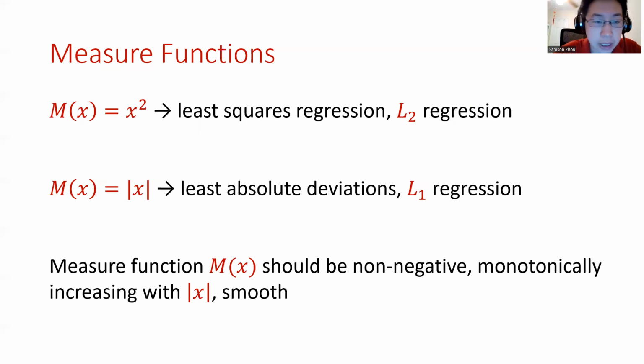And these have various trade-offs. For example, for the L2 regression problem, there's a unique solution, but the solution may not be as robust to noise as L1 regression. On the other hand, there may not be a unique solution for L1 regression, but it may be more robust to slight modifications in the actual data that we receive.